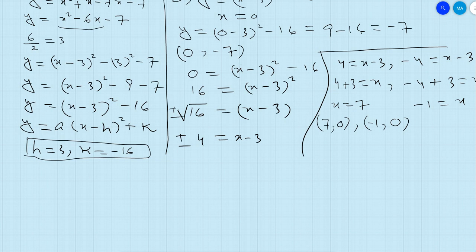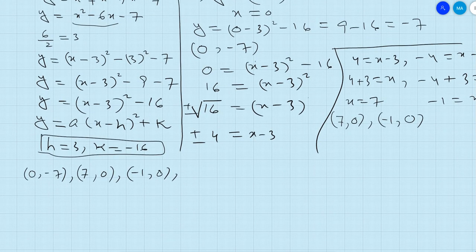The first point is (0, -7), then (7, 0), then (-1, 0), and the coordinates of the stationary point are (3, 16). It's time to plot all the points.